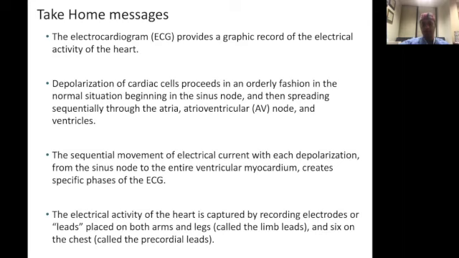And then the electrical activity of the heart is captured by recording electrodes or leads placed on both the arms and the legs, called the limb leads, and then 6 on the chest called the precordial leads.